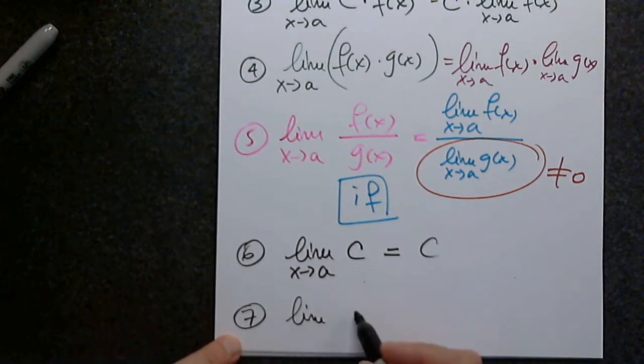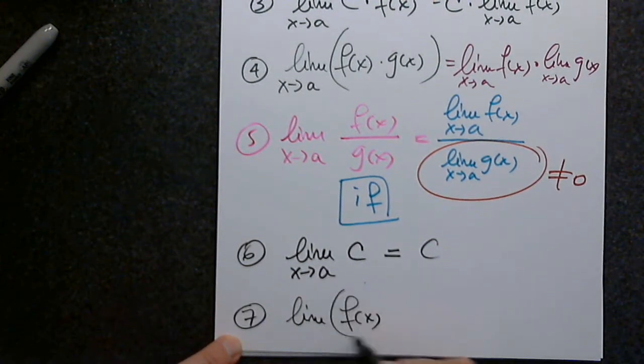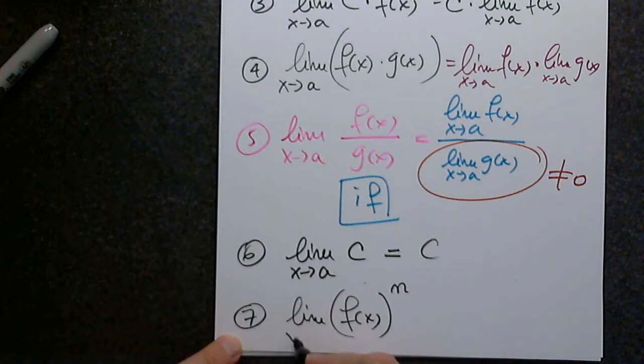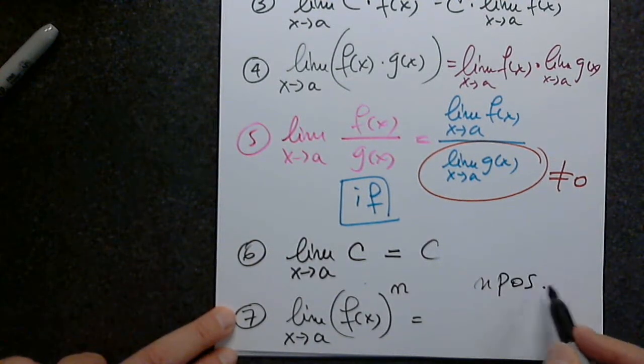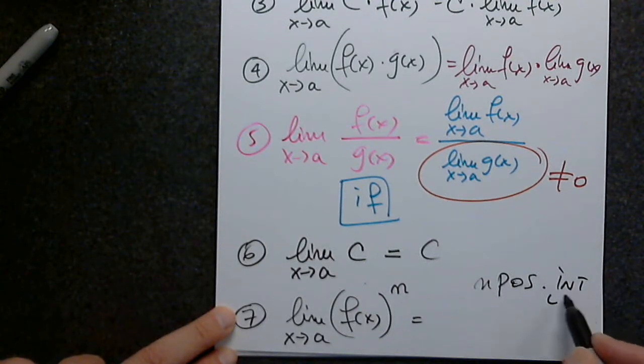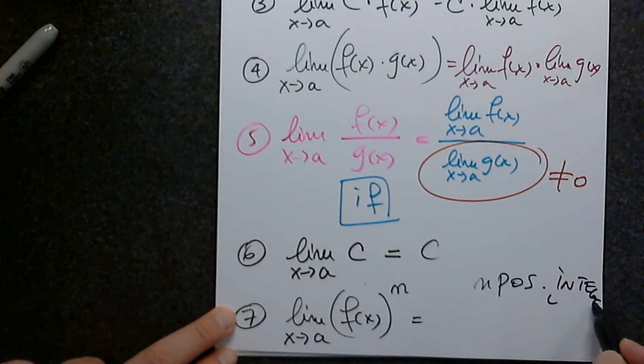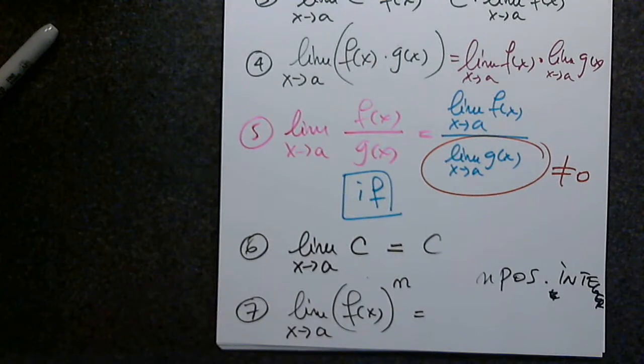Limit of a function raised to the nth power. N is a positive integer. Now, this is a very important limit law because it uses a theorem that we need later that cannot be applied in all situations, so it has restrictions.